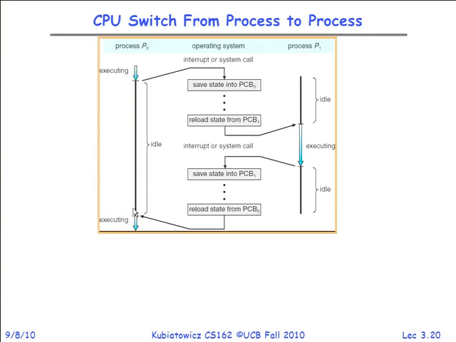only one CPU, right? Now, what I'm trying to show you here, though, is process 0 is running for a while, and then the operating system gets invoked to switch to process 1. Well, what does the operating system do? Well, a whole bunch of stuff. It saves state into the process control block for process 0, reloads state from the process control block for process 1, and then it starts running process 1.